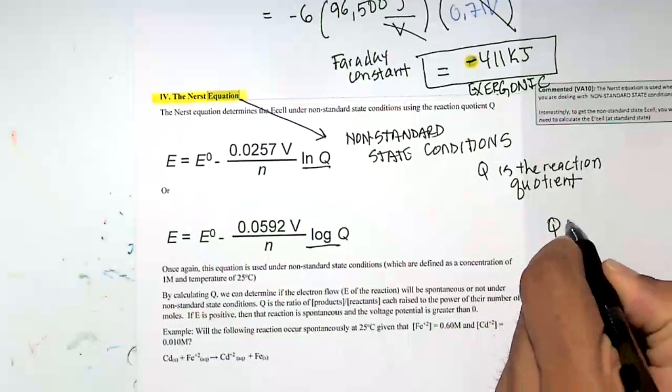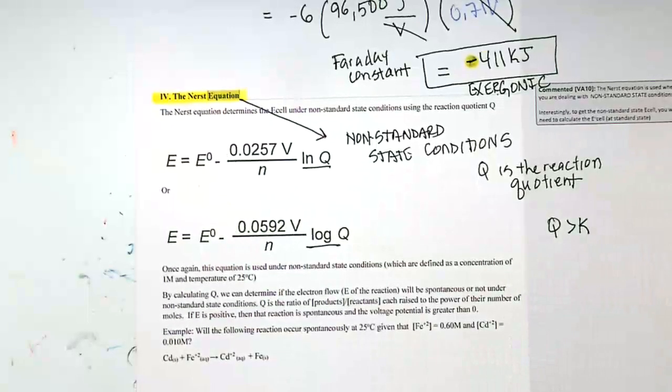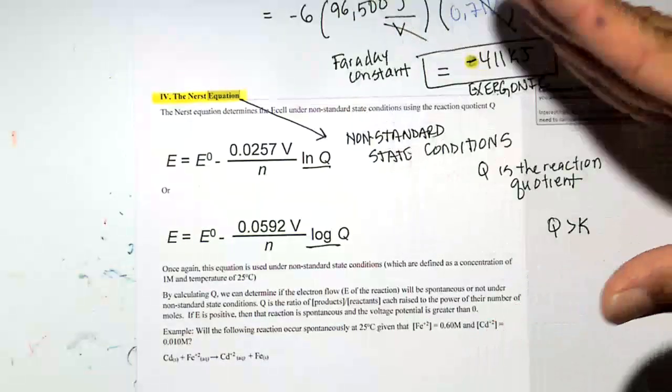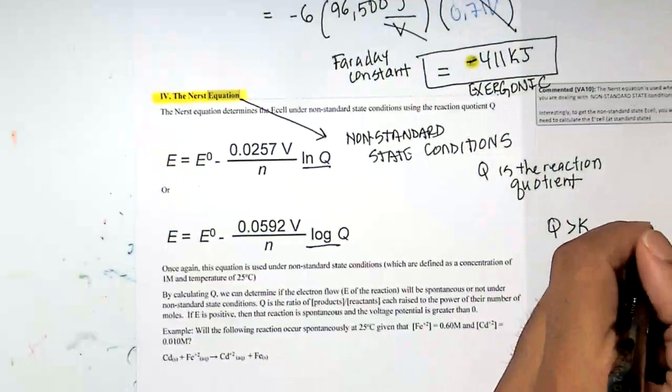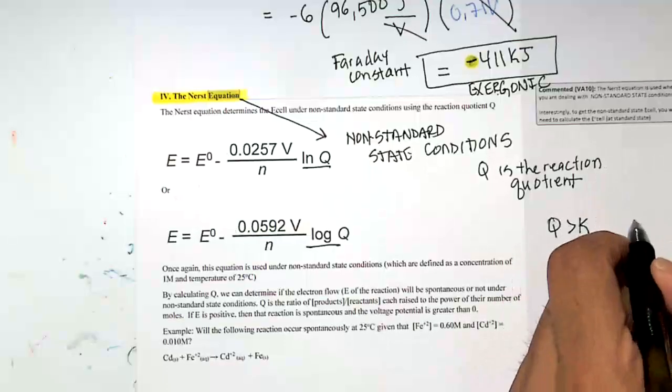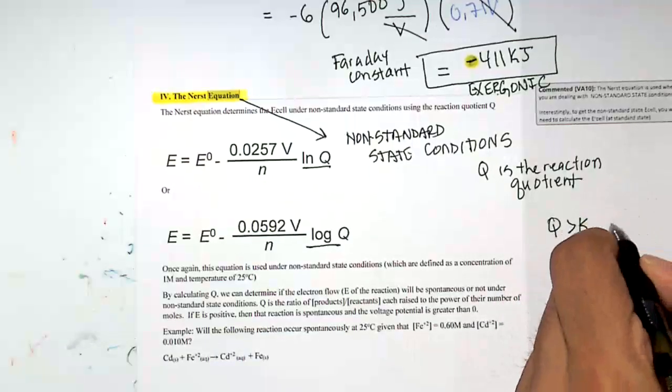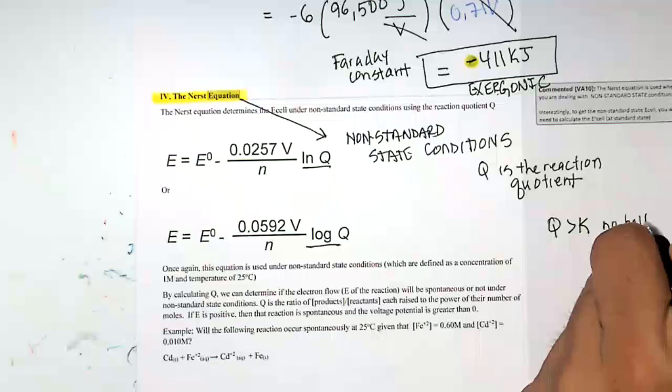So if Q is greater than K, you want to put Q first. The alligator jaws are pointing this way, so this favors the reactants. Probably you're not going to get a battery.